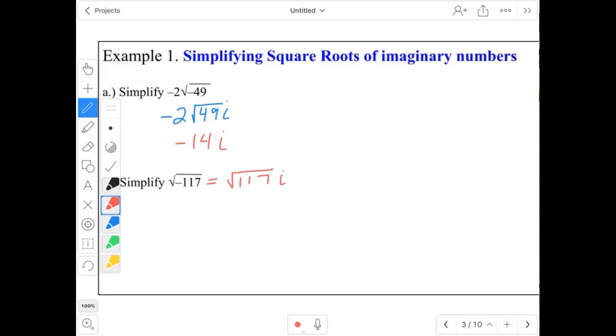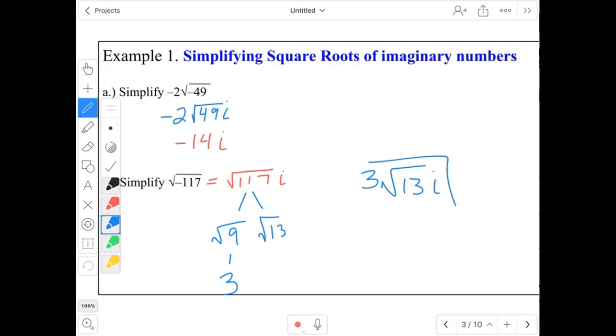We could have a 3 in there, or a 9. If we divided by 9, we could have the square root of 9 and the square root of 13. 13 is a prime number, however, 9 would give us a positive 3. So our final answer for part B would be 3 square root of 13 i.